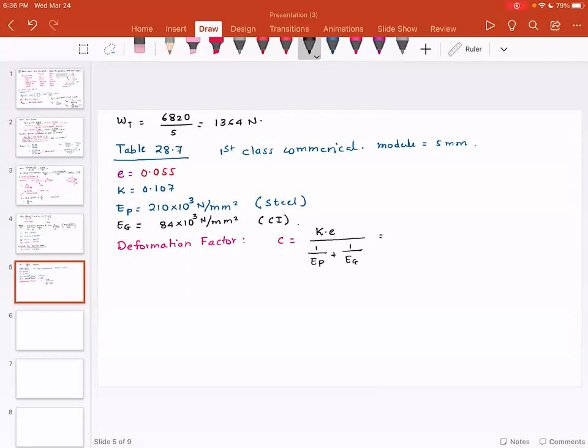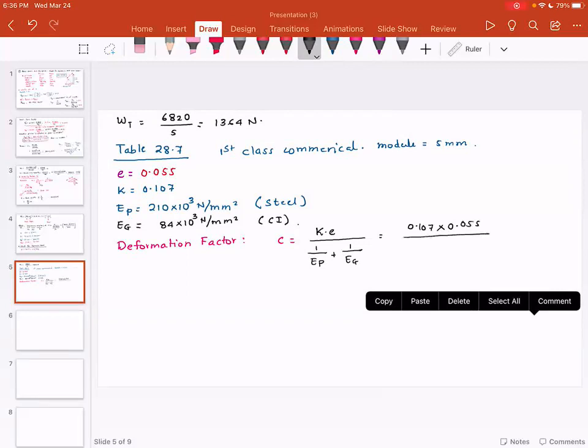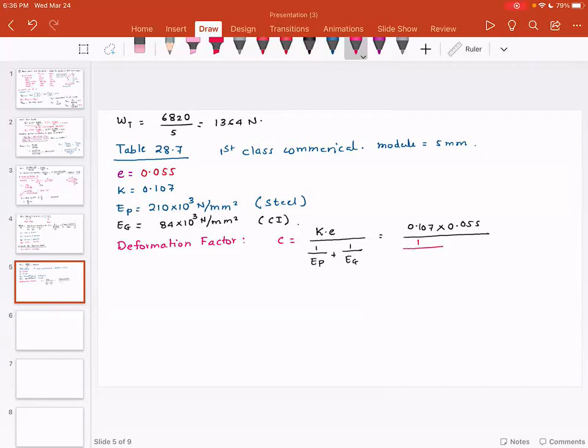Substituting the values, 0.055 divided by 1 divided by 210 times 10 to the power 3 plus 1 divided by 84 times 10 to the power 3. You get the answer 353 Newton per millimeter. So now we have got the value of C.